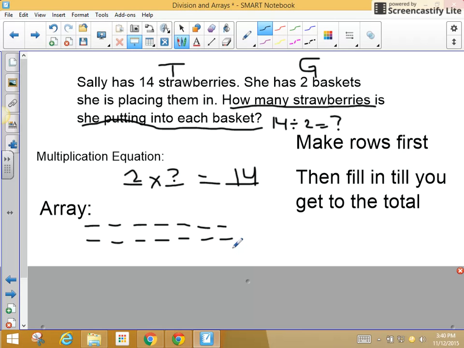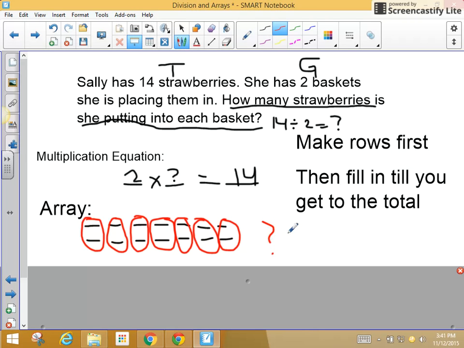Now, I'm not done just yet because now I need to know how many columns I made. Okay, my columns go up and down. So let's circle those. 1, 2, 3, 4, 5, 6, and 7. So my question mark is no longer a question mark.